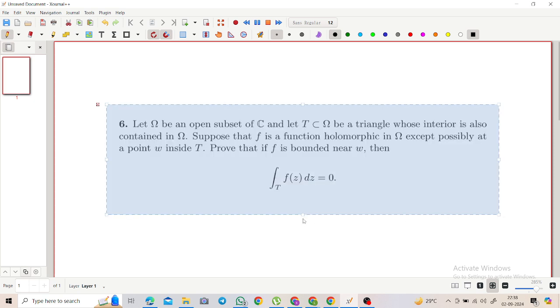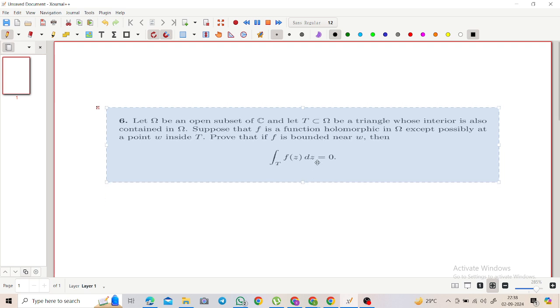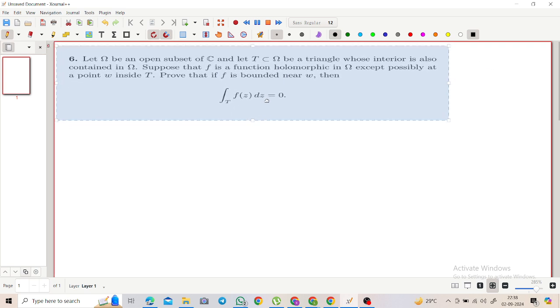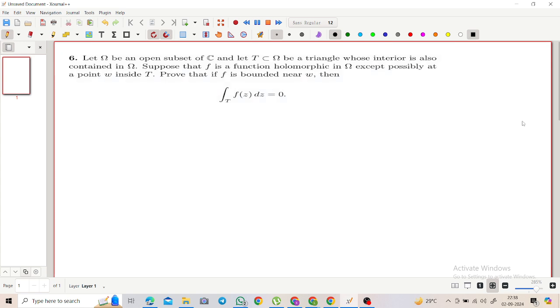First, let me draw a picture. So the problem says that if omega is an open set of C and T is a triangle inside omega whose interior is also contained in omega.